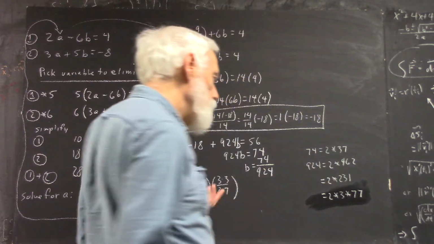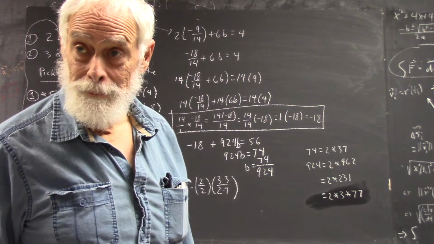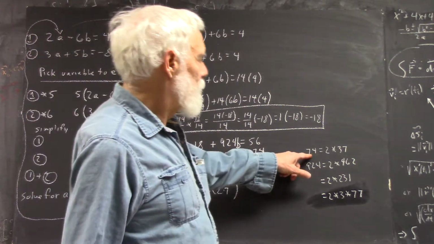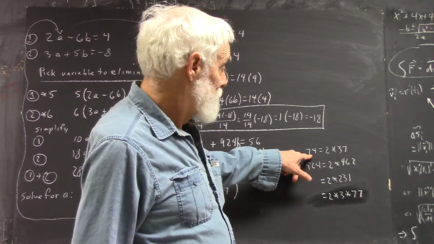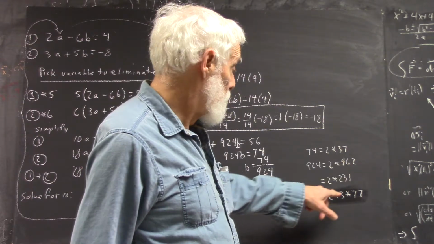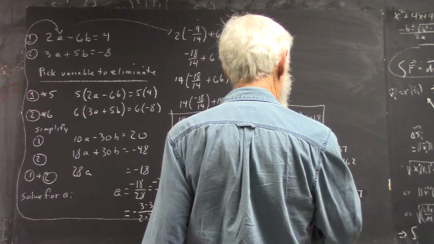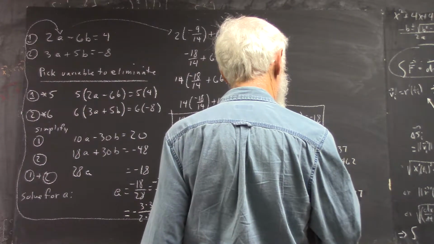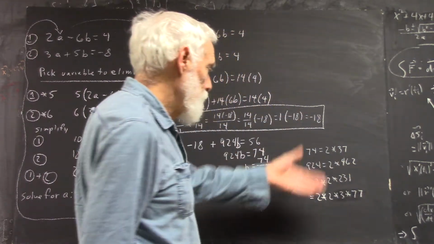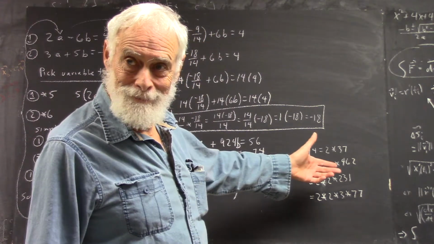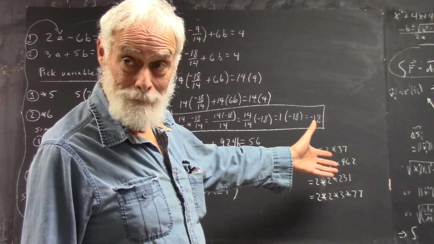Yeah. 2 times 3 times 77. In other words, I can divide this by 2. I can divide this by 2. Okay, see what I'm doing?